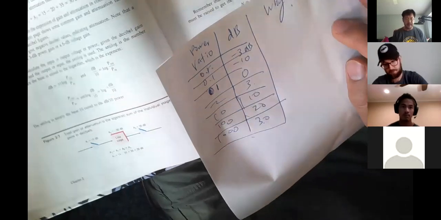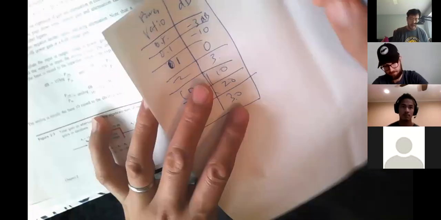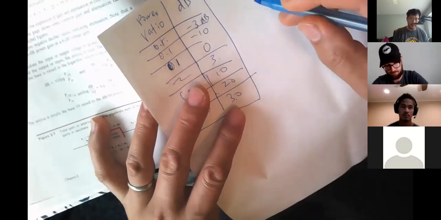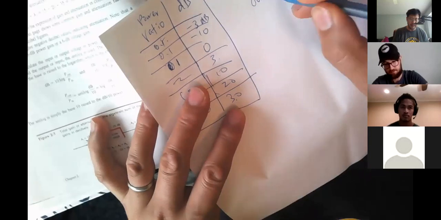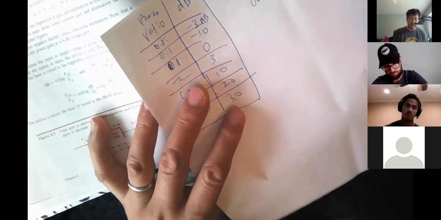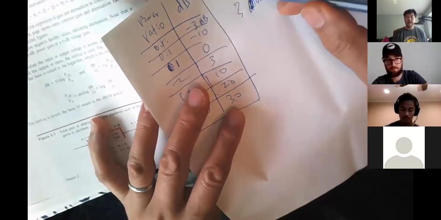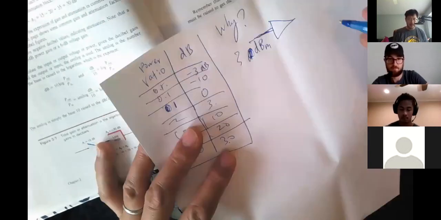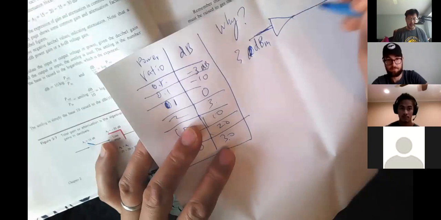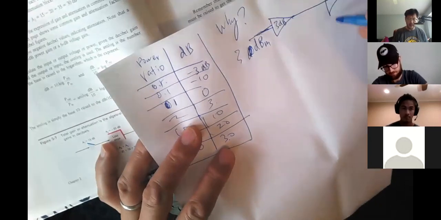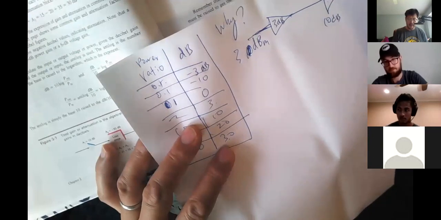Well, there's another reason. For example, your input signal is 0 dBm or 3 dBm, we should say dBm. If that's your input signal, and then the gain is 3 dB, another amplifier 10 dB, another 5 dB.